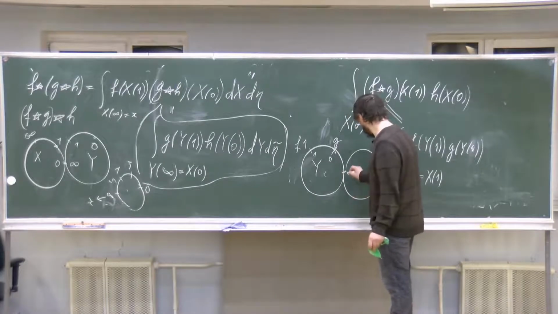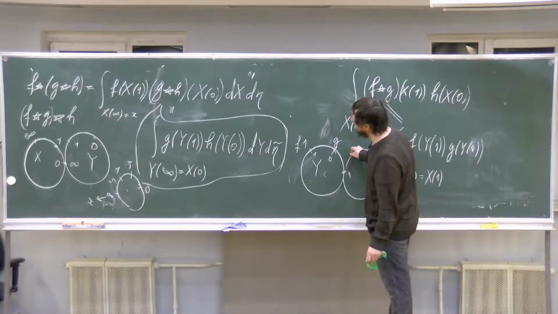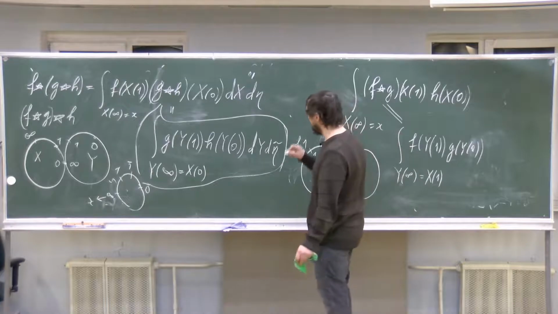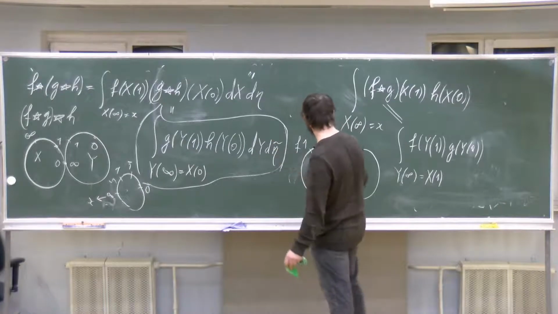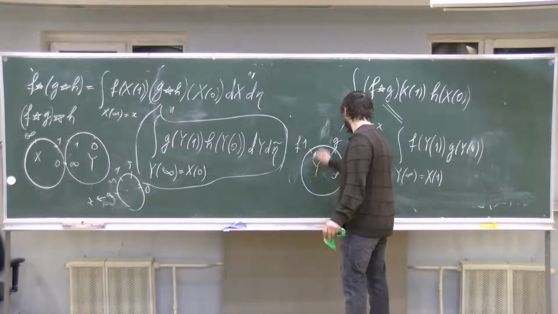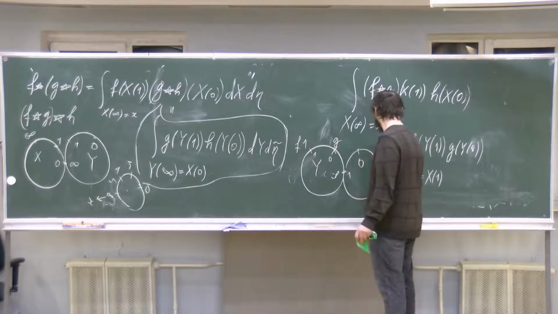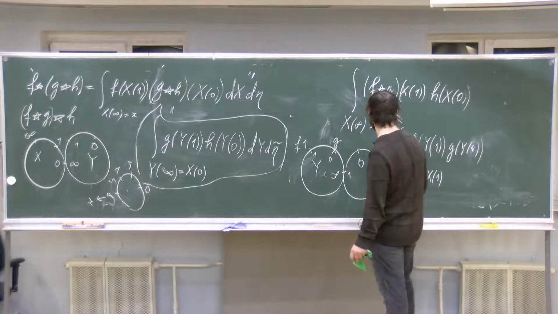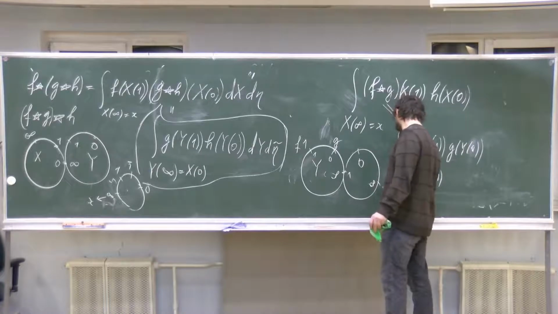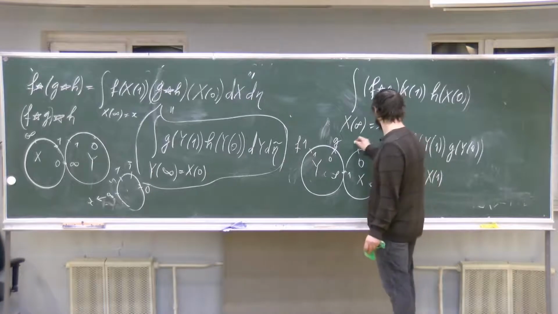Here you have 1, here you have 0. Infinity, 0, 1 should go in a clockwise direction, infinity 1, 0. That's correct. Here we have 1, here we have 0, and we have infinity. Infinity goes to x. So this is meant by x. And 0 goes to h.